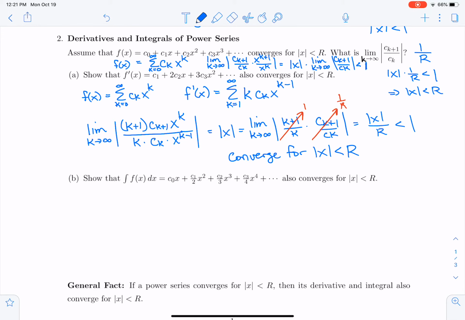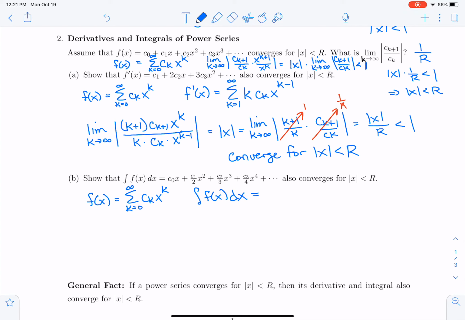Now, another question is, if I have this power series f(x), which is the sum from k equals 0 to infinity of c sub k x to the k, can I take the antiderivative of that series term by term? Meaning if I start with c0, its antiderivative is c0 x, and for c1 x, its antiderivative is c1 over 2 x squared.